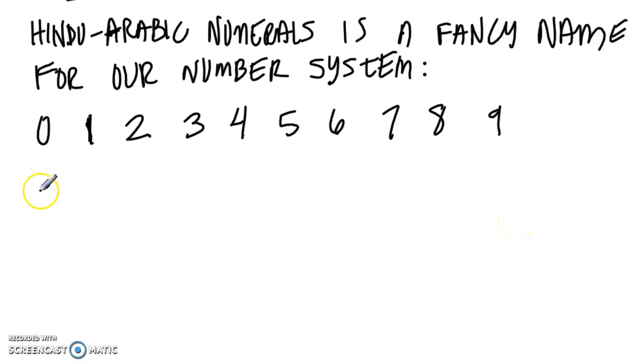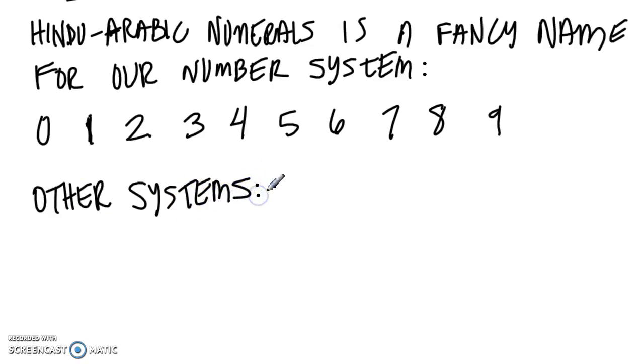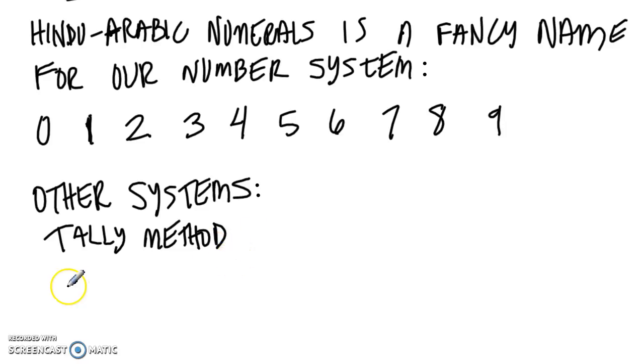Here are some other number systems that we could compare it to. So we have the tally method. If we did a number like 16 with tallies, now this is going way back to the very roots of counting.